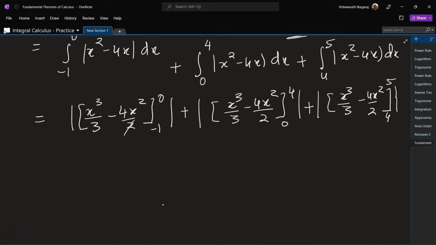Okay, now let's simplify this. 2 2's are 2.